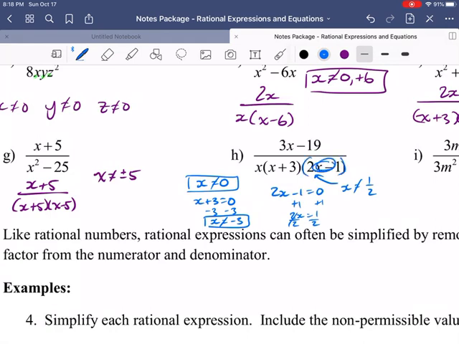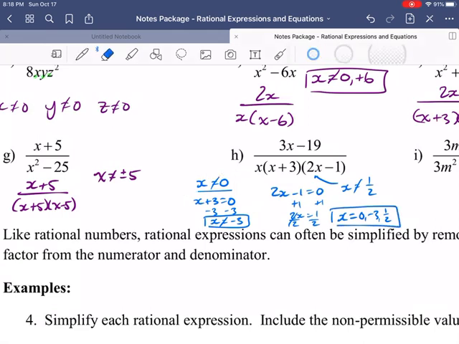And if this term is 0, 0 multiplied by anything else here will all equal 0. So our three non-permissible values are going to be 0, negative 3, and 1/2. You could, again, write that in one spot. So 0, negative 3, and 1/2. And you wouldn't need squares around these.